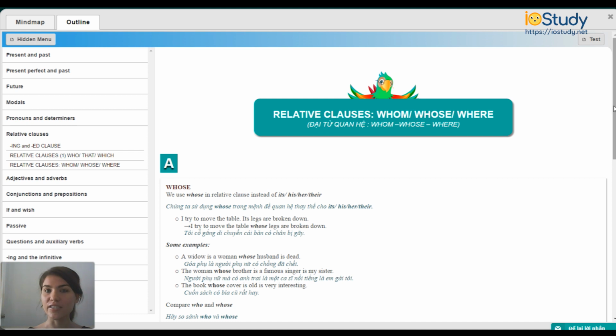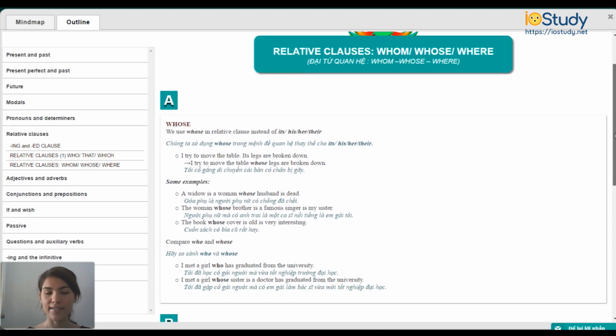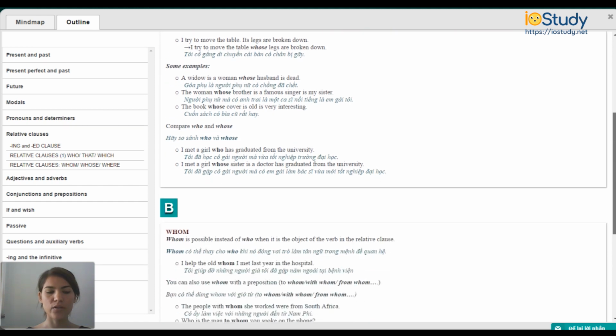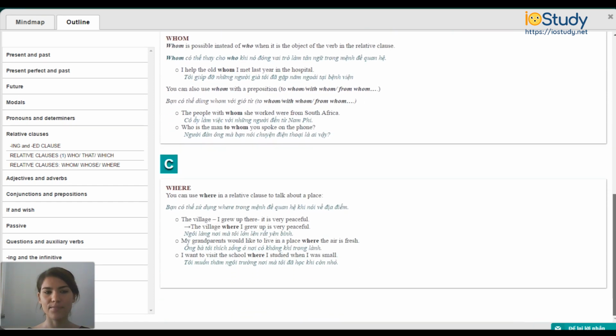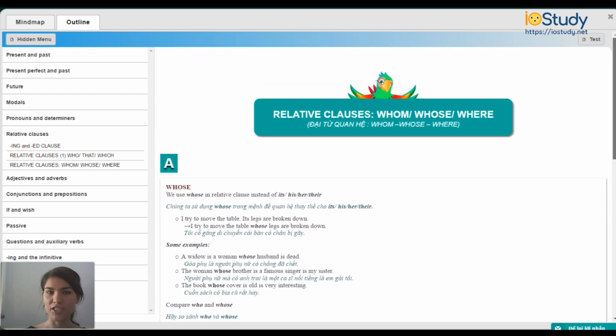So you can go ahead and scroll through this. You can read through the whole thing to find out the differences between whose, whom, and where. We also have examples of sentences and further information for you. So after you're done reading through the outline, you can click here to take the test and test your knowledge on how to use these subjects.